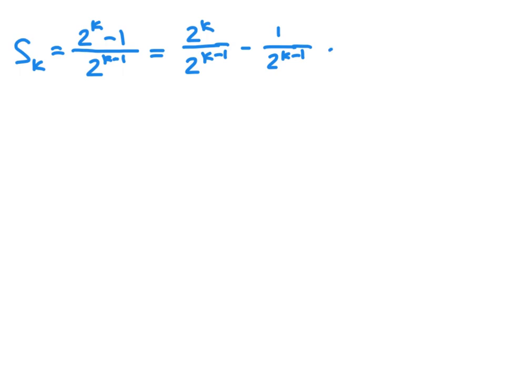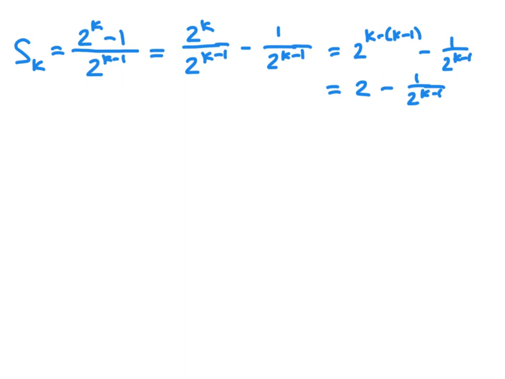And our first term, we have powers of 2 in both the numerator and denominator, and so we can rewrite this using properties of exponents as 2 to the k minus (k minus 1). And of course, that simplifies to simply 2 to the first power, or 2, minus 1 over 2 to the k minus 1. And so this is a new formulation for our partial sum s sub k. We have 2 minus 1 over 2 to the k minus 1.